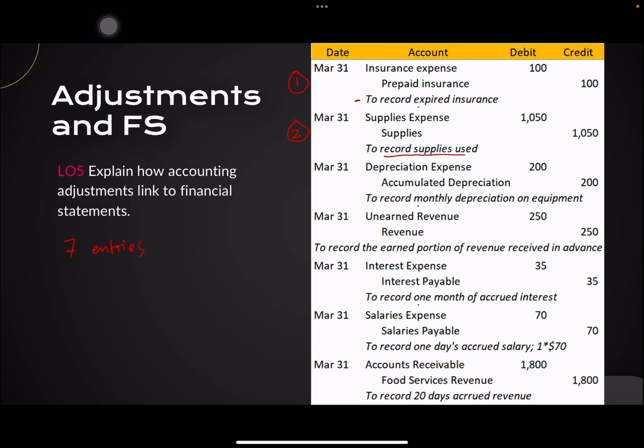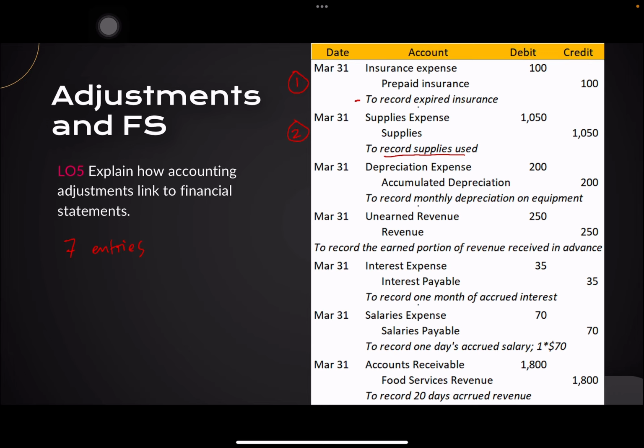The supplies that we've consumed will be categorized as expense, right? That's why we have here a debit of supplies expense. And since we've already used up a portion of this, we would need to decrease the value of our supplies asset account. So that amounted to $1,050.